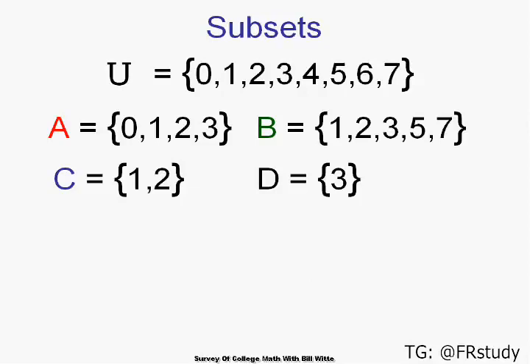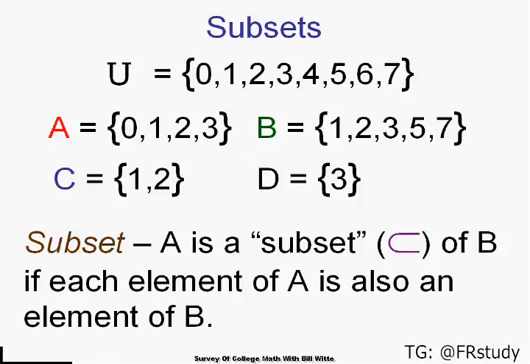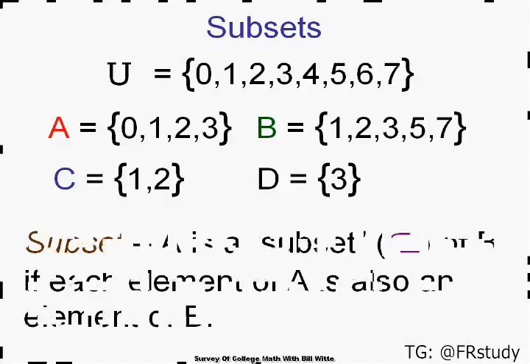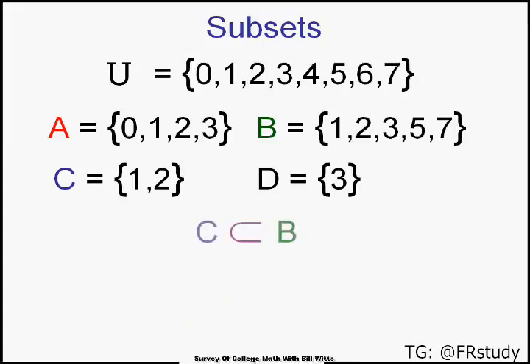Get the idea? Now, we're going to have another word, subsets. A set A is a, quote, subset of B if every element of A is also an element of B. Now, I try to remember that symbol, the fallen down U, as a C. In other words, A is contained in B. That means A is a subset of B. A is totally contained in B. Okay?